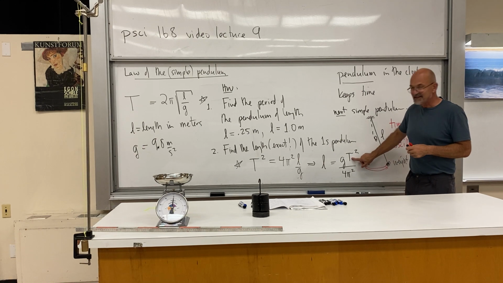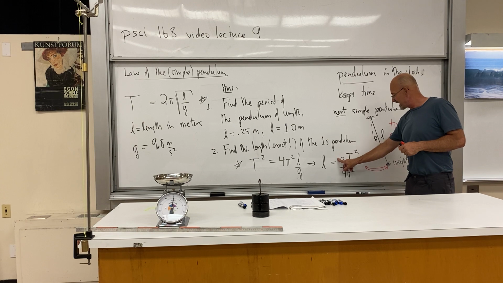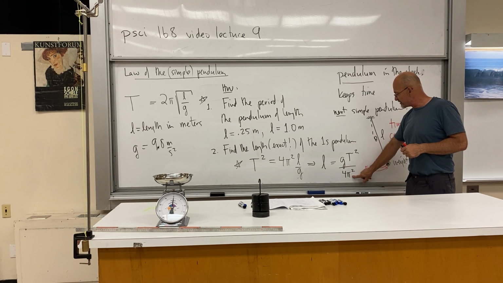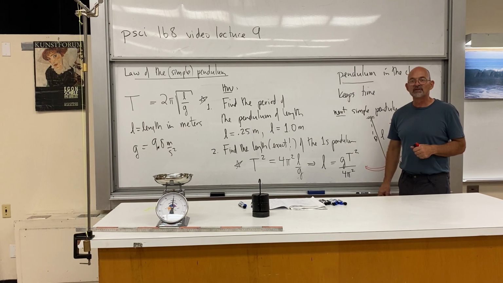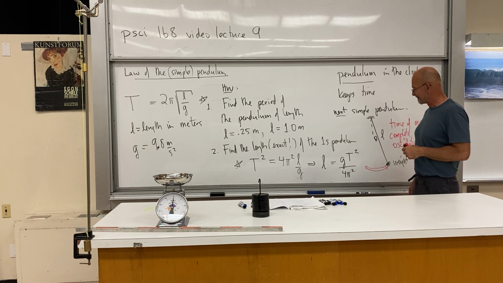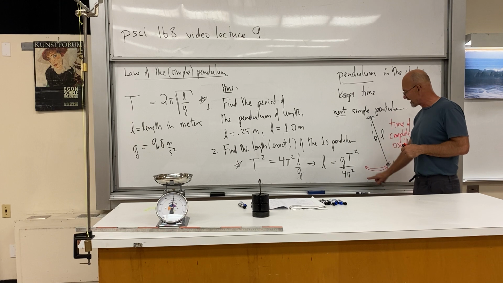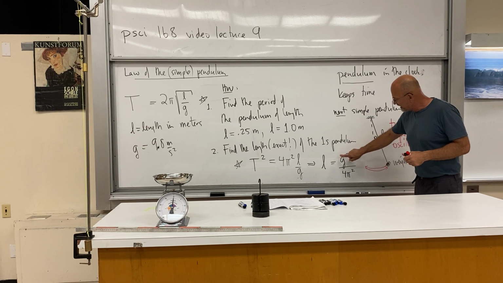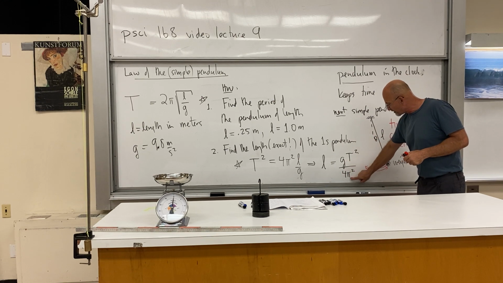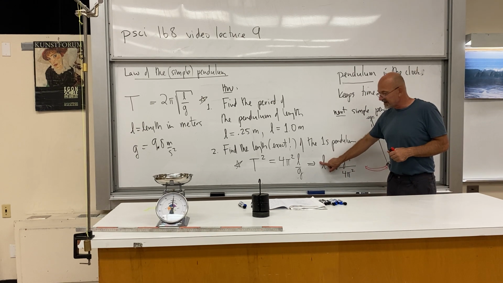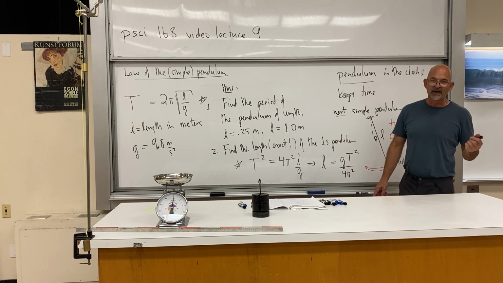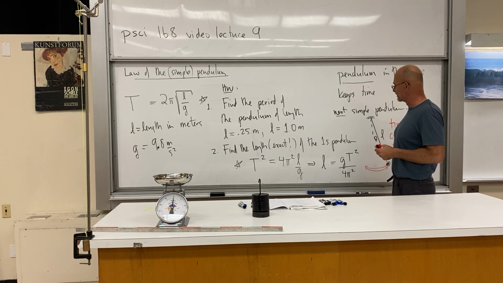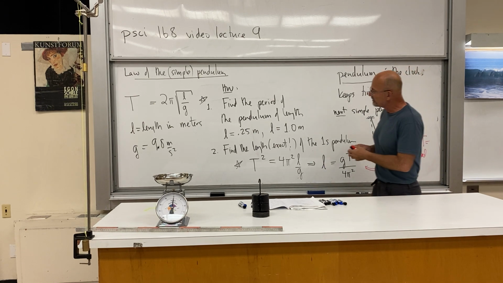And if you plug in T equals 1 second, you've got about 10 divided by whatever 4 pi squared is. So you have to plug 1 in right here, that's no problem. You've got your 9.8, 4 pi squared, and then you'll get a length that's very close to 1/4 of a meter, okay, 0.25 meters. So go ahead and do that and find out what you get.